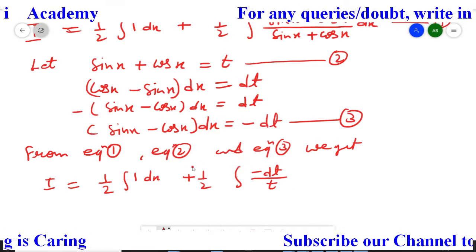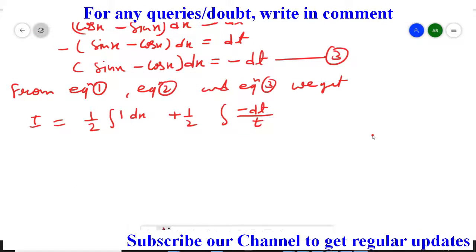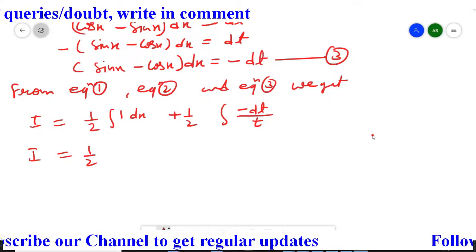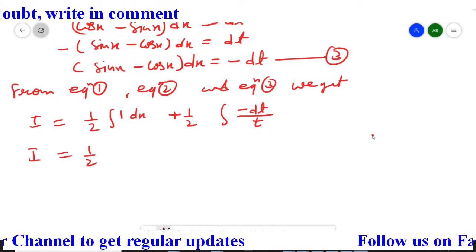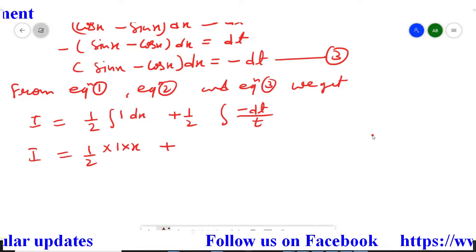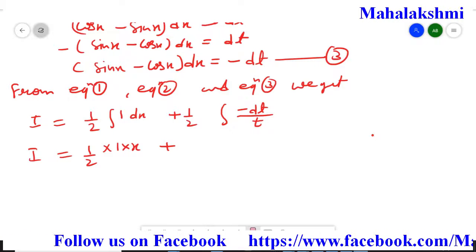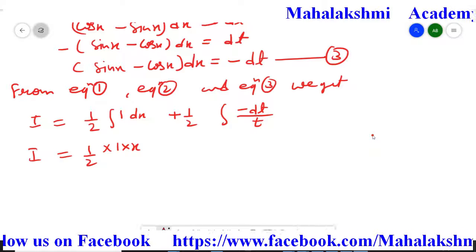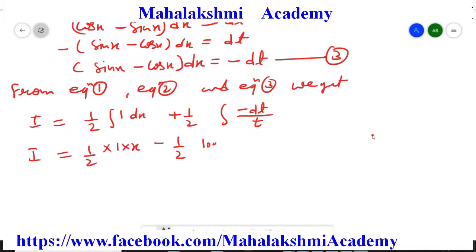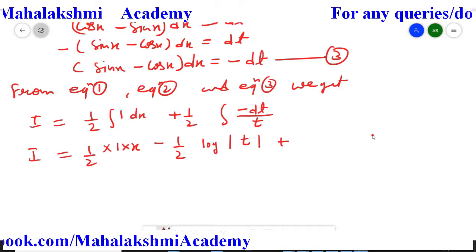Now this minus sign, in the next step I am going to set outside and integrate also, together I am going to do it. So it's going to be I is equal to half, and the integration of 1 is going to be 1 multiplied by x, and this plus and this minus sign will come outside. So plus minus is going to be minus, so minus half, and the integration of 1 upon t is log mod t, plus the integration constant.